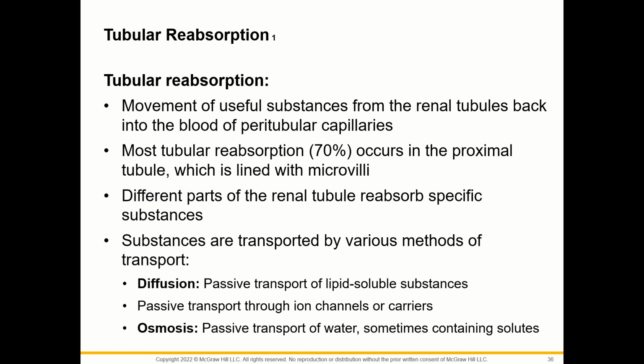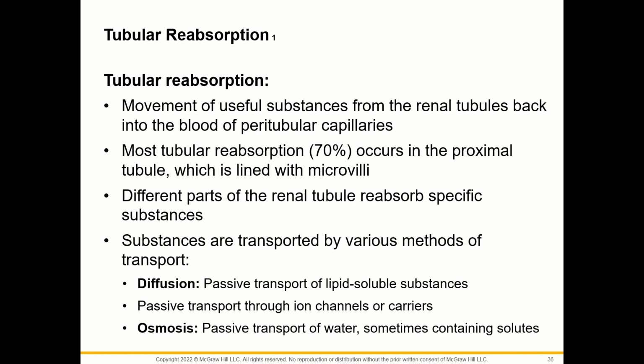Now let's look at tubular reabsorption, the movement of useful substances from the renal tubules back into the blood of peritubular capillaries. Most tubular reabsorption, 70% of it, occurs in the proximal tubule, which is lined with microvilli. Different parts of the renal tubule reabsorb specific substances. Substances are transported by various methods.